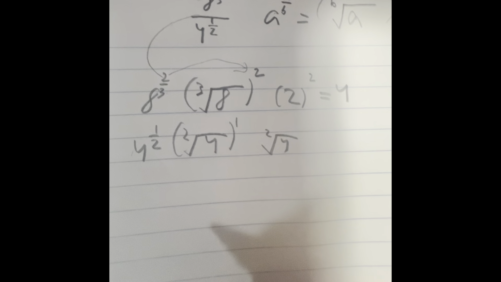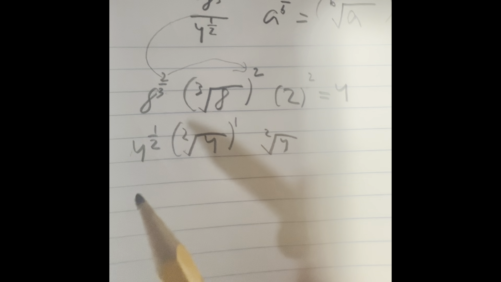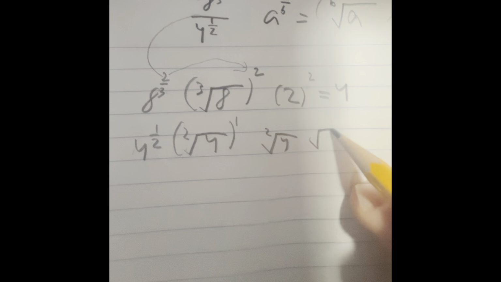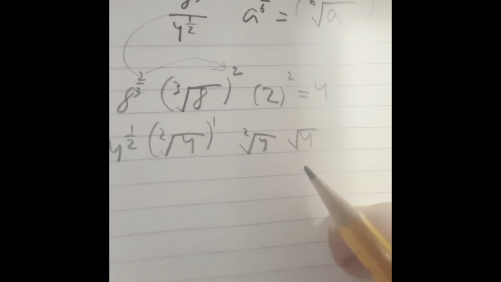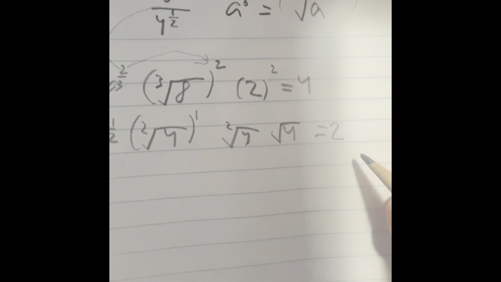And we can also ignore this 2, because when something is to the power of 1/2, it's just square rooted. We don't really have a need to put the 2 with it. So we can just write this as the square root of 4, which is equal to 2.